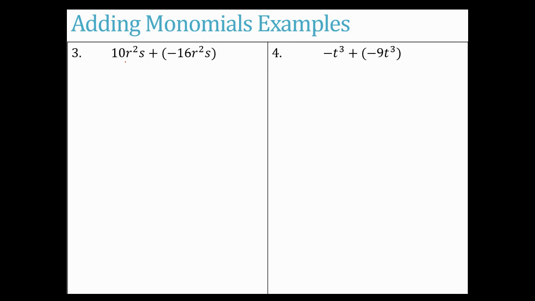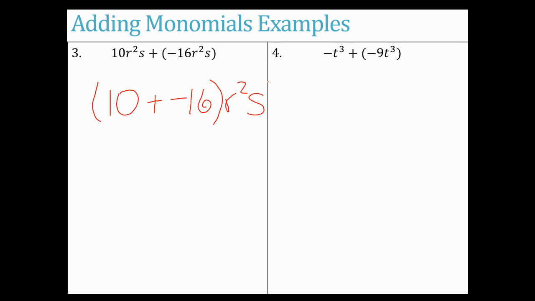So here we have 10r squared s plus -16r squared s. I'm going to do the same process. I'm going to take my numbers in front, my coefficients, and then I'm going to leave my variable and the exponents alone. Remember, they have to have the same variable and exponents or else you cannot add them together.